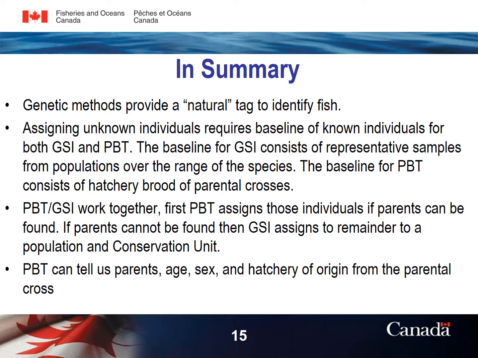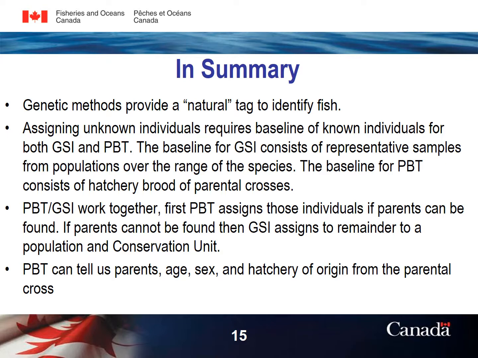In summary, genetic methods provide a natural tag for determining stock of origin. Assigning unknown individuals requires a baseline and known individuals for both GSI and PBT. The baseline for GSI consists of representative samples from known populations, while the PBT baseline consists of all hatchery brood. PBT and GSI work together.